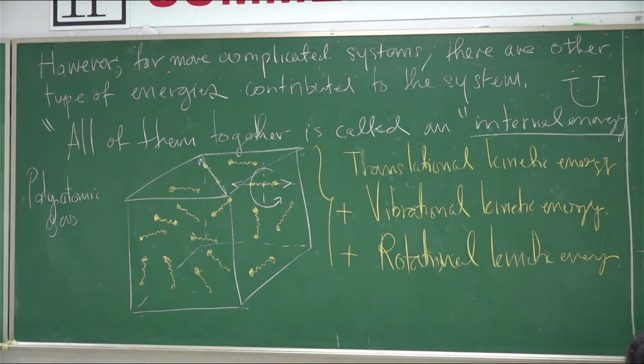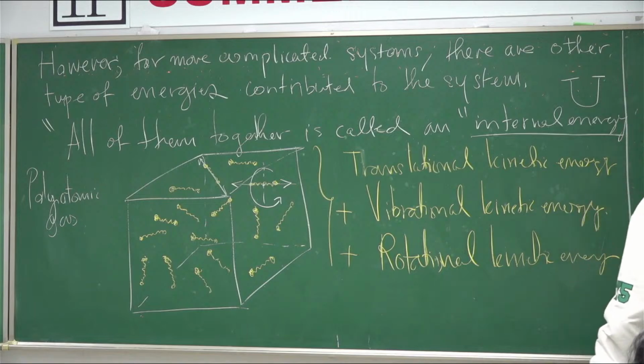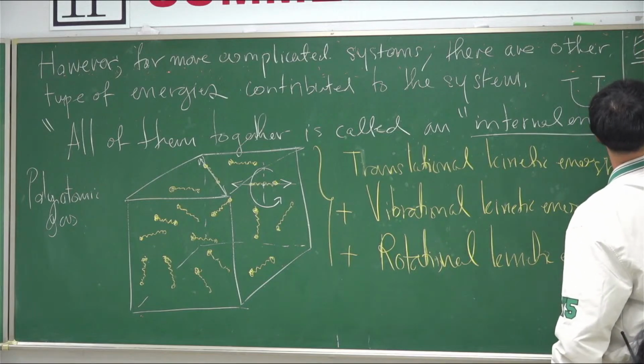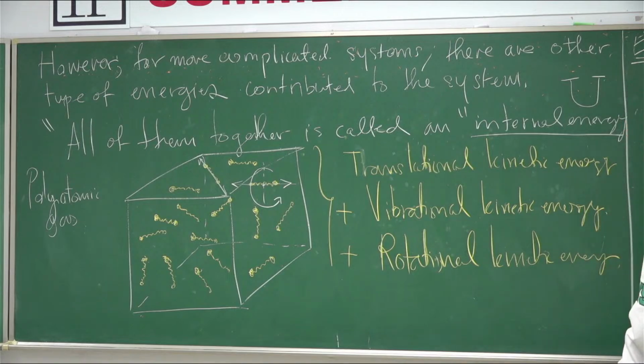But this system is still simple. We have more complicated systems like water. So you have a glass of water, or next example, a tank of water.